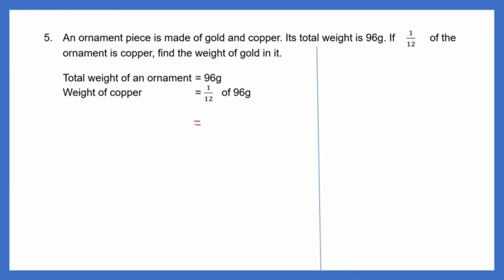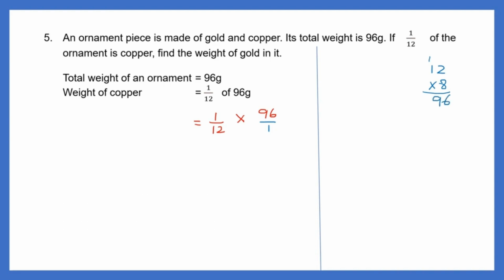So let's find that. 1 by 12 of is into 96. Let's give it the denominator 1. Now, is there something that we can cancel? Yes, we can cancel 12 and 96. Let's see, 12 into something will give us 96. Let's try 8. 8 twos are 16. Carry 1. 8 ones are 8, 9.